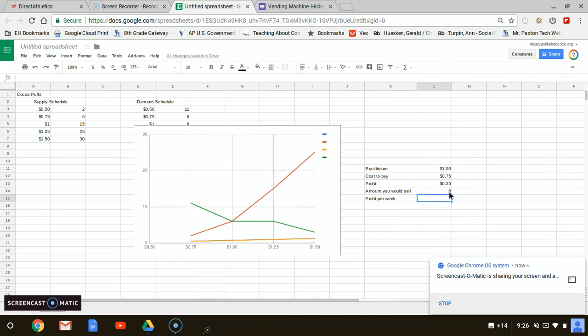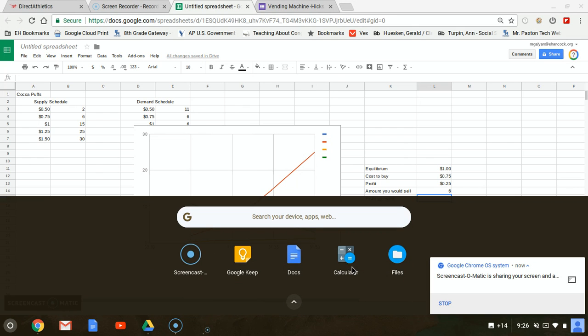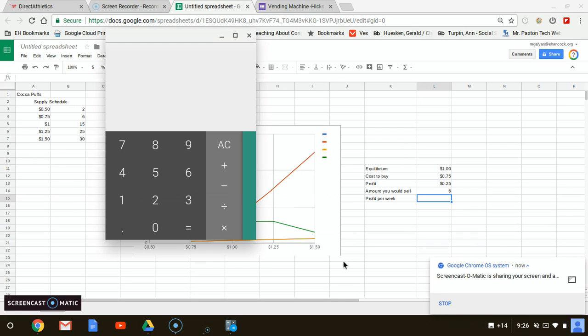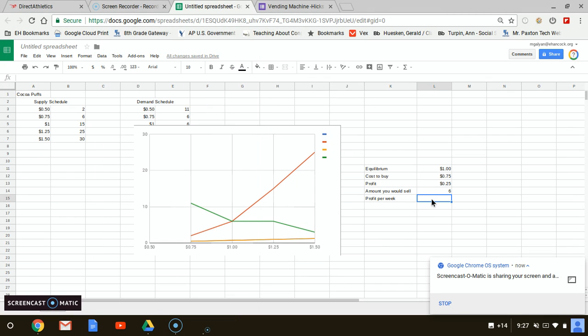Now, if we assume that that 6 is how many we would sell per week, the profit per week would be the 6, the amount you would sell, times 25 cents, which is 0.25 times 6, which gives us $1.50. So we would be making $1.50 per week. And there you go.